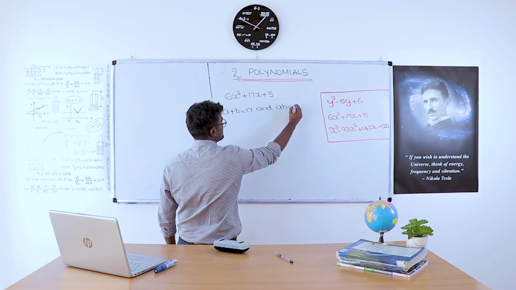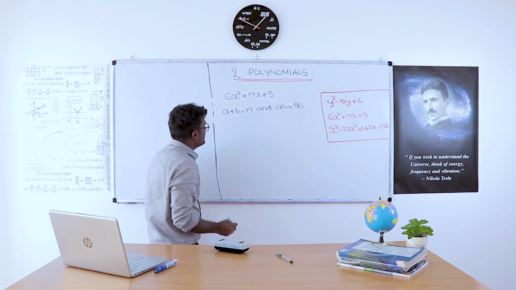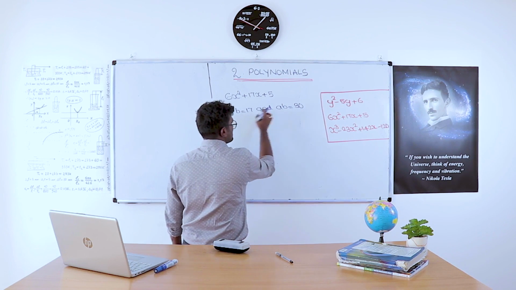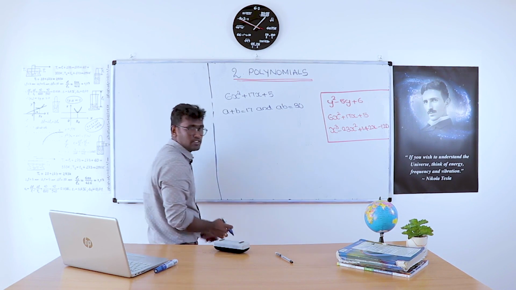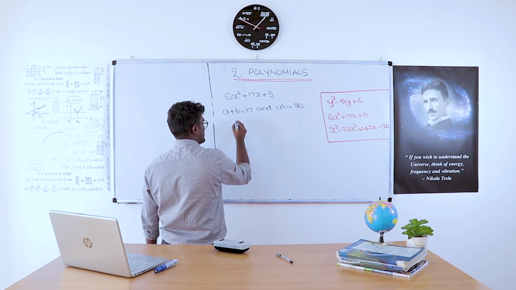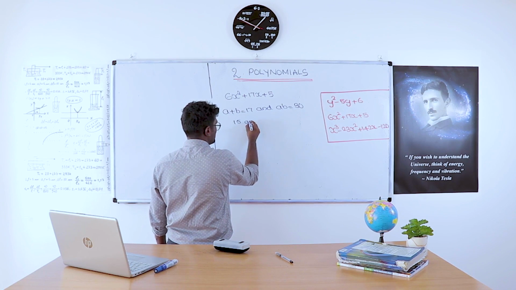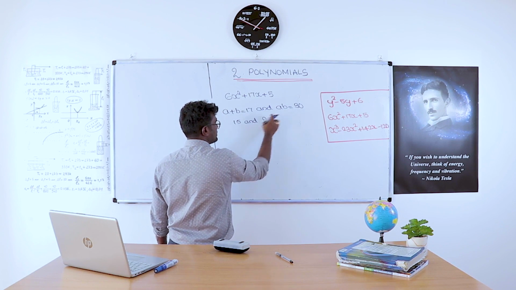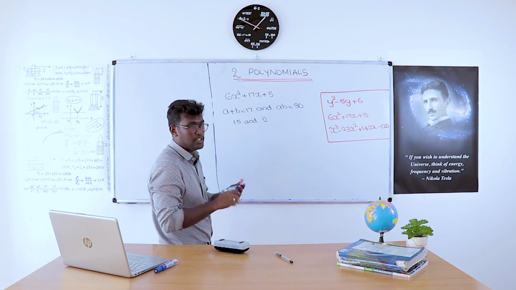So 6 into 5 is 30. So we have to choose two numbers such that a plus b is equal to 17 and ab is equal to 30. What are the two numbers? 15 and 2. So 15 plus 2 is 17, right? 15 into 2 is 30. We have to split the middle term.